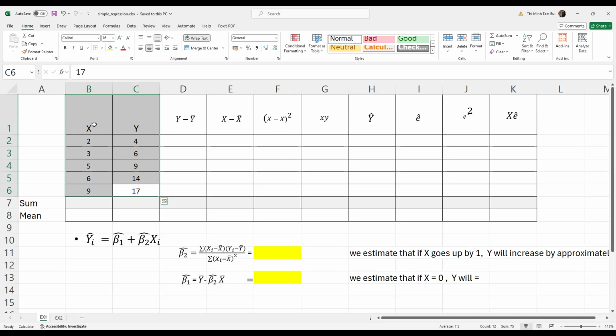Select all the data and go to the insert tab, then click on recommended charts. Let's find scatter plot. Go to all charts. Let's try again. I don't need a line, I need just dots, just the plot.